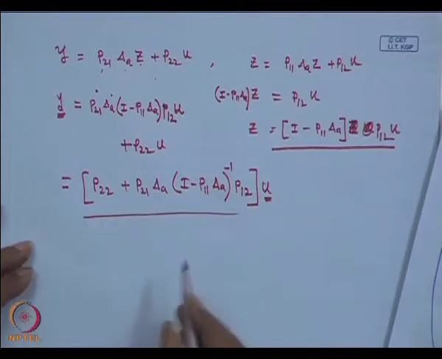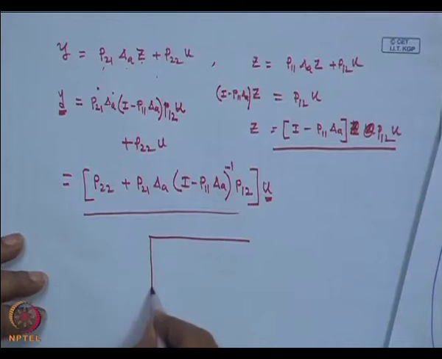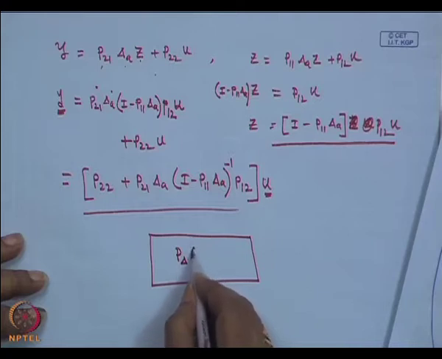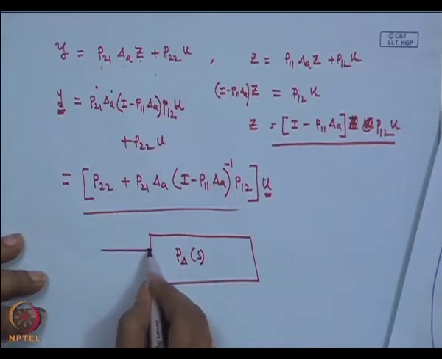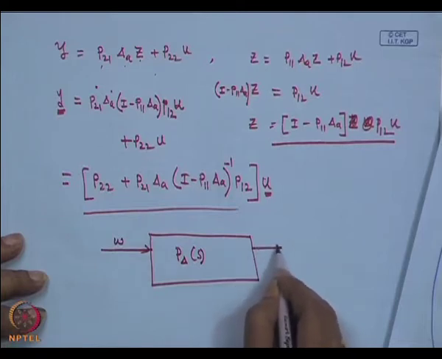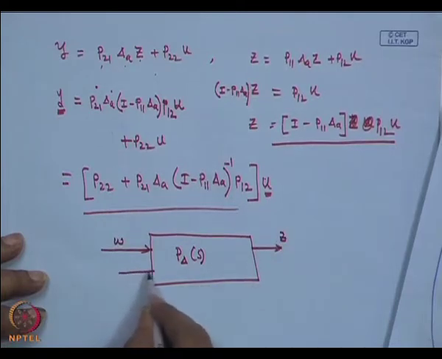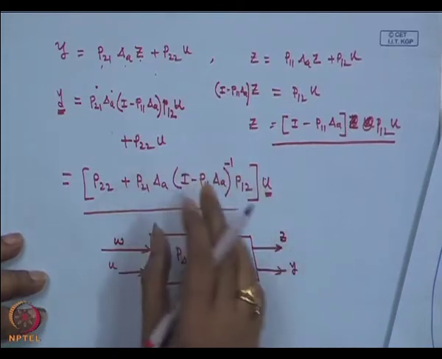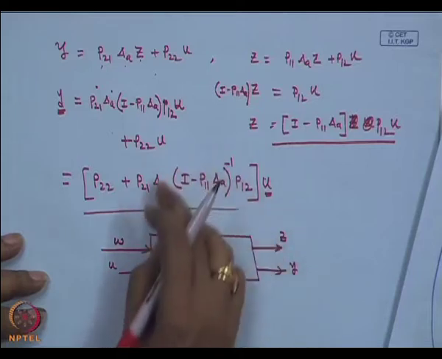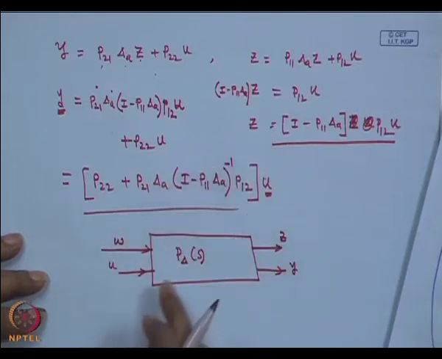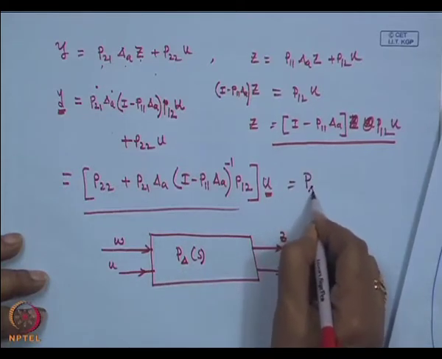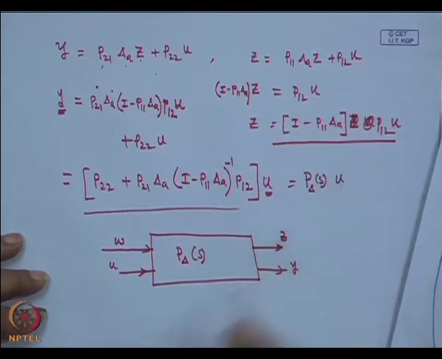So, this you can write now in block diagram form. It is like this way: P delta of S, this is W, this is Z, this is our U and this is our Y. You see the upper block of the 4 block, the upper loop, is merged and that is denoted by P delta A. So, this is nothing but P delta S U, and now this is the controller.